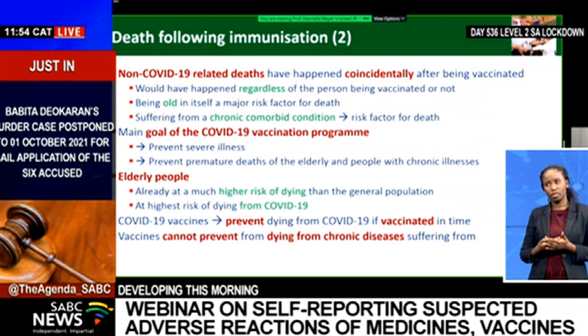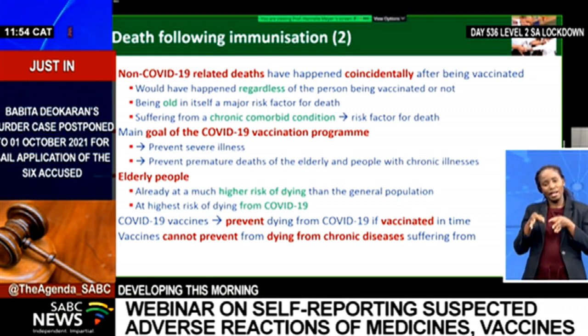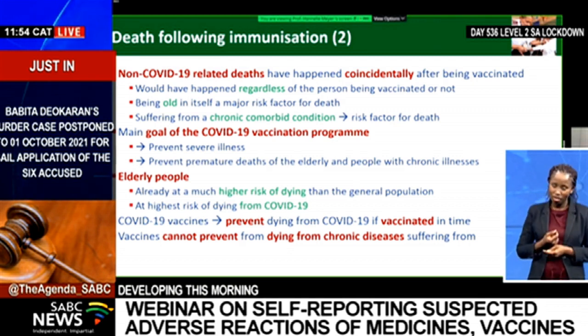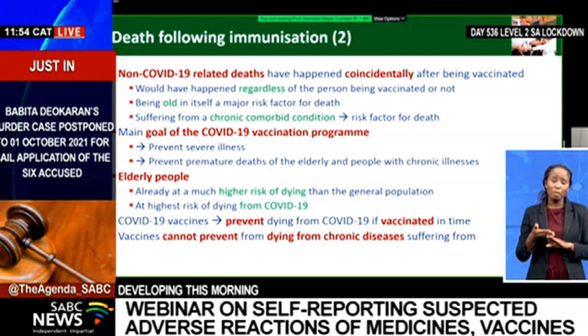Now, just to further explain about the deaths following immunization, the non-COVID related deaths have happened coincidentally after being vaccinated. As you've seen, all this data is considered before we come to a conclusion to say this was coincidental to vaccination or not.